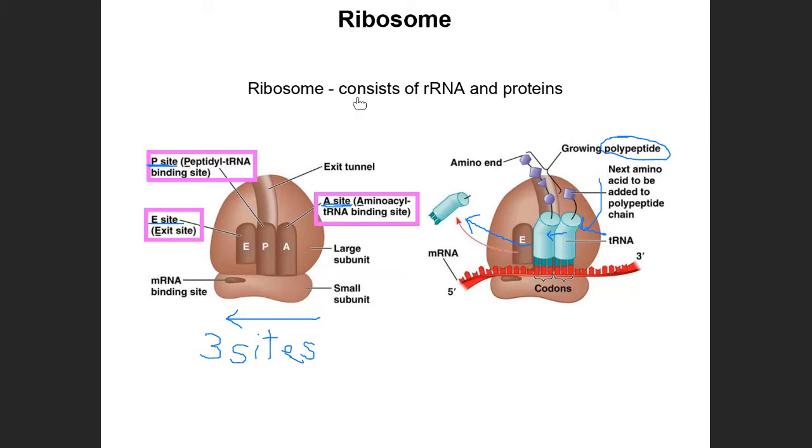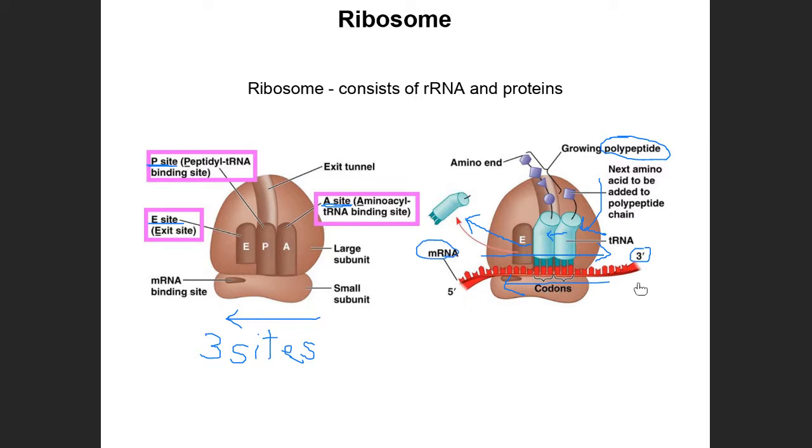Okay. So what is actually occurring is the ribosome is moving this way. Therefore, the mRNA and the tRNAs are moving to our left because the ribosome is moving to our right towards the 3' end of the mRNA.